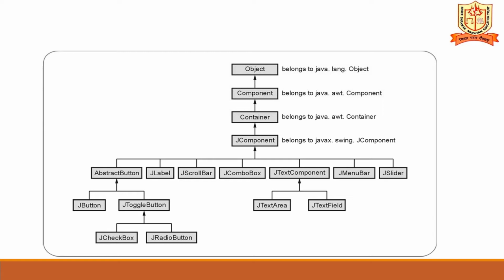JComponent contains all the components, such as AbstractButton. AbstractButton again is of two types: one is JButton and the other is JToggleButton. JToggleButton has again two types: JCheckBox and JRadioButton. Like this, JLabel, JScrollBar, JComboBox, JTextComponent, JMenuBar, JSlider. These are the components present in Swing.